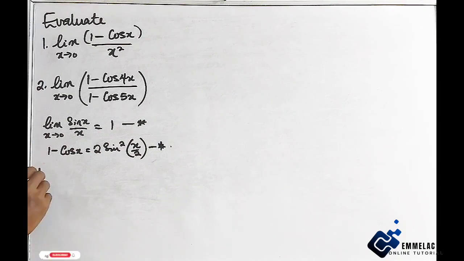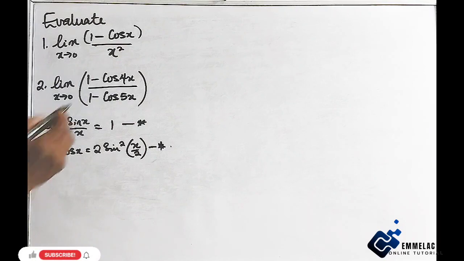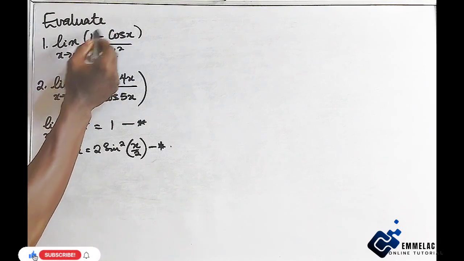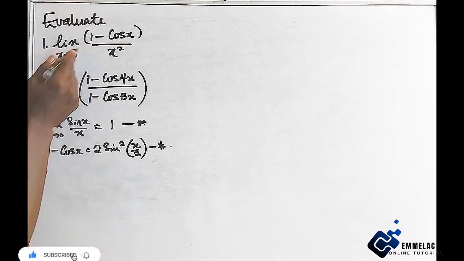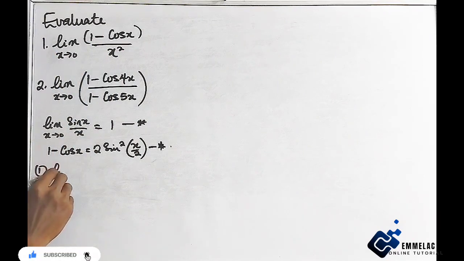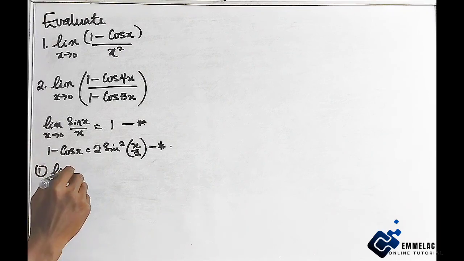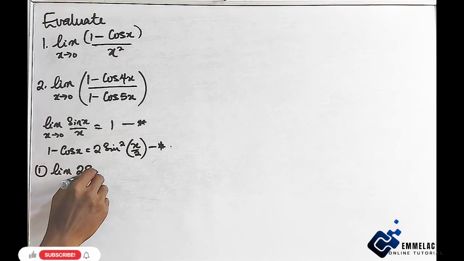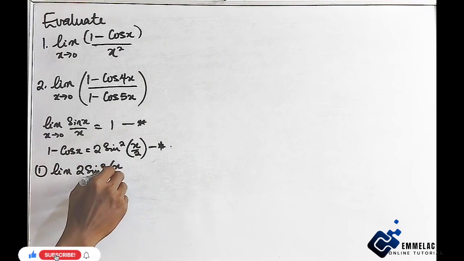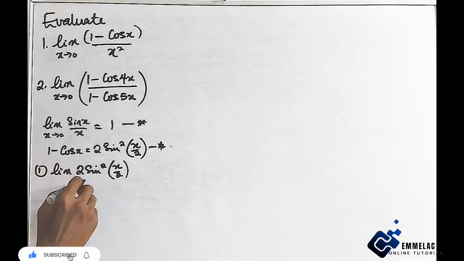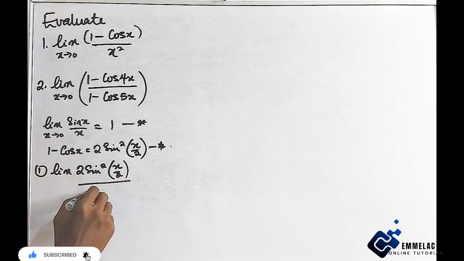Now number 1, this whole expression here is given as this, so we can rewrite this function as the limit of 2 sine square x over 2, then all over x square as x tends to 0.